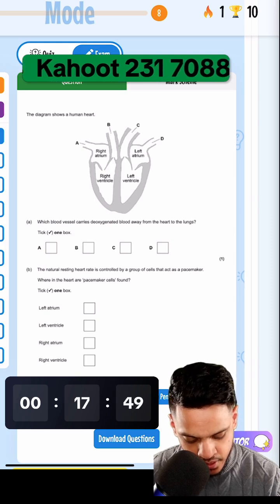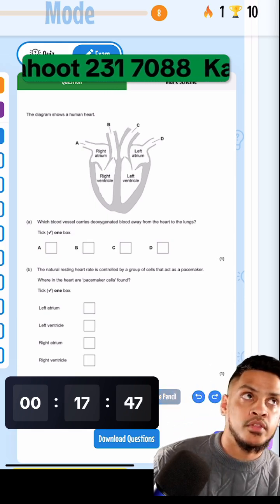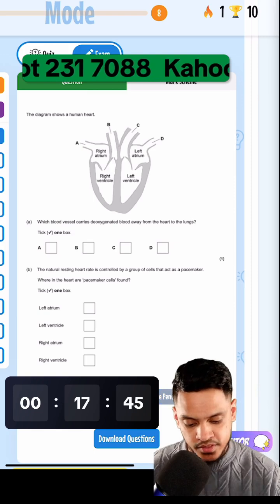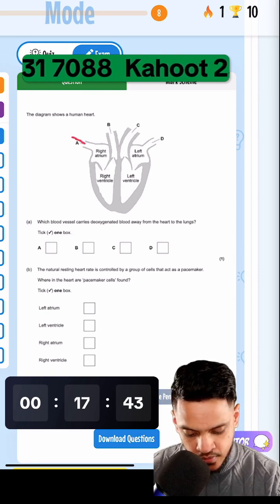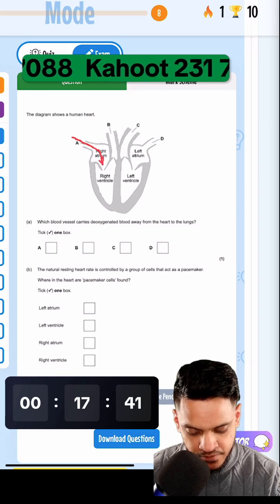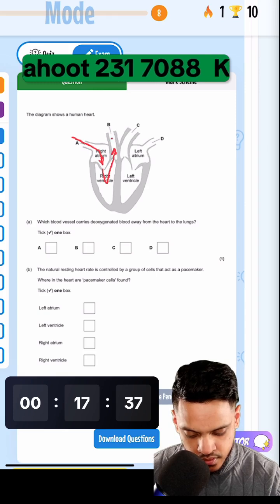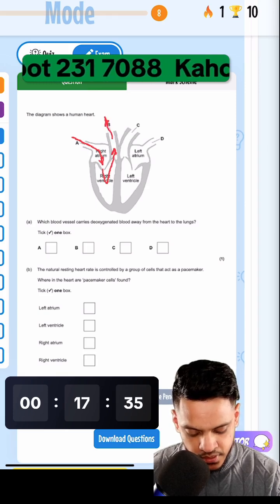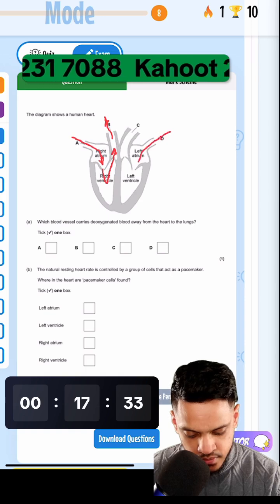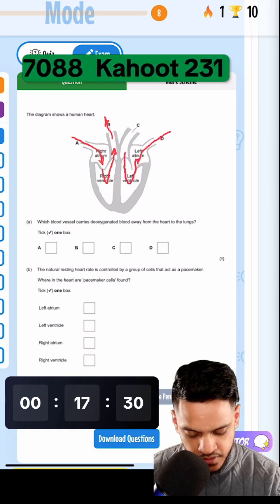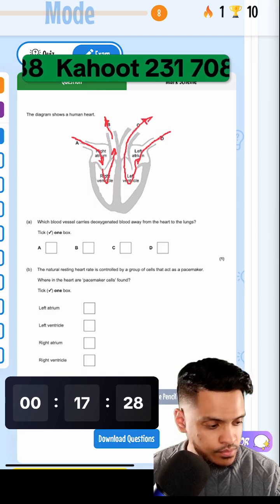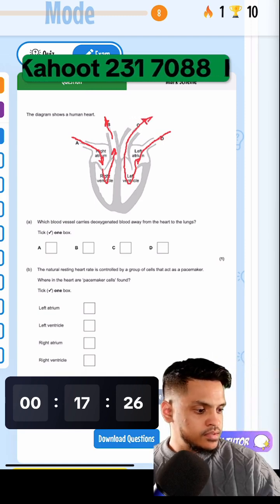So remember on the diagram of the heart, the left and the right ones are switched. So the right side is actually on the left hand side of the diagram. So it goes in through there, and then it comes up through there, and then here it goes in through D, goes through the left ventricle, and it comes up through C.